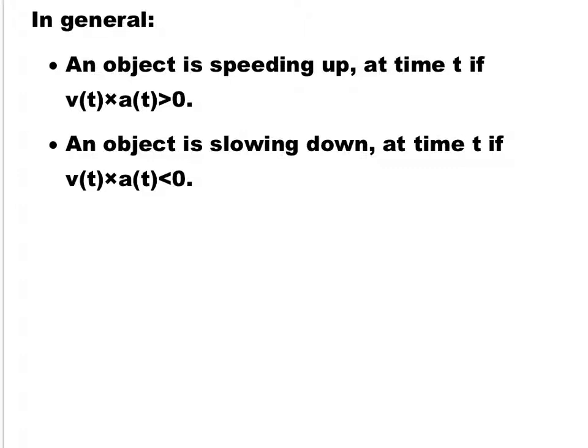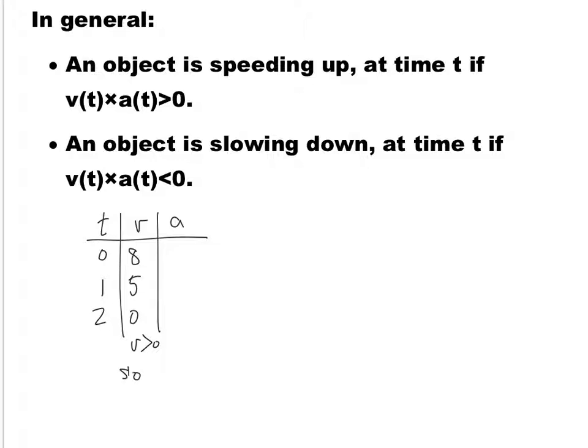Now let's consider different cases. Let's say we have the following scenario. As you can see, the velocity is greater than 0, but the object is slowing down because we go from 8 to 5 to 0.